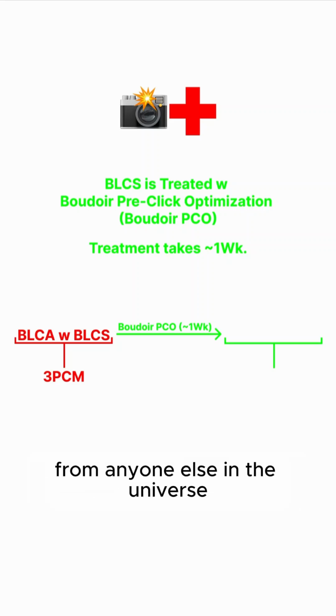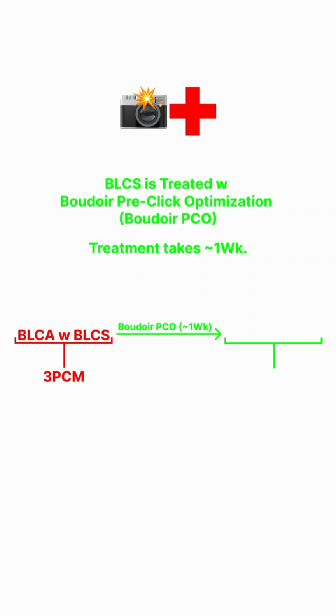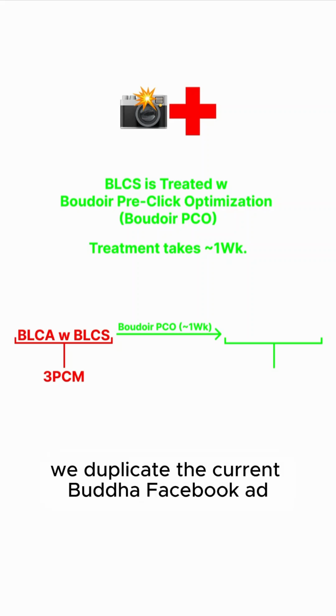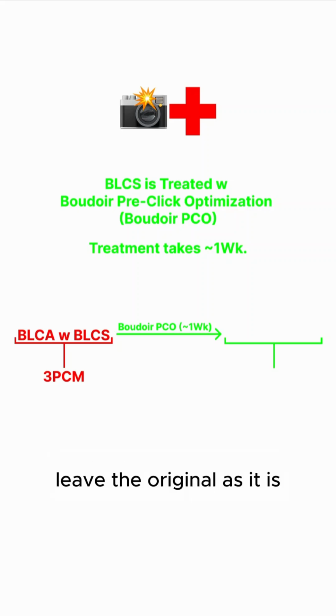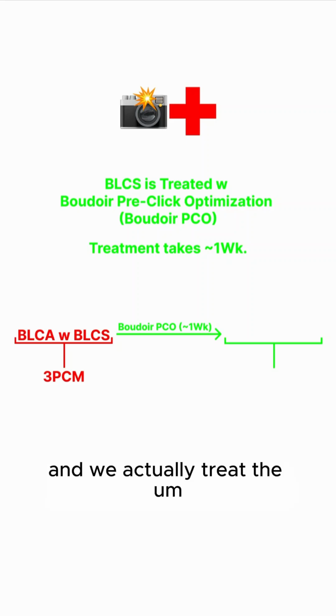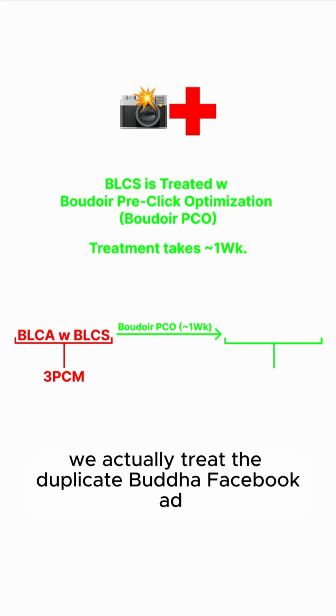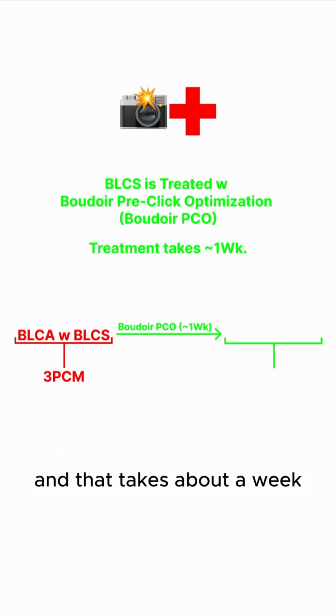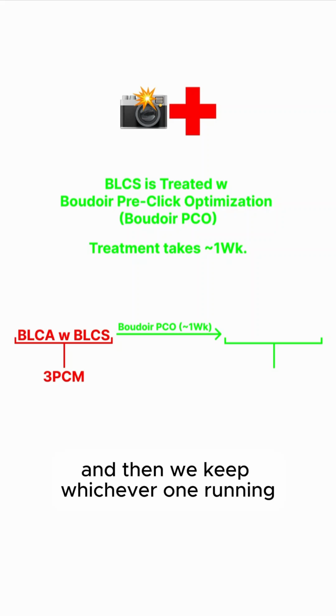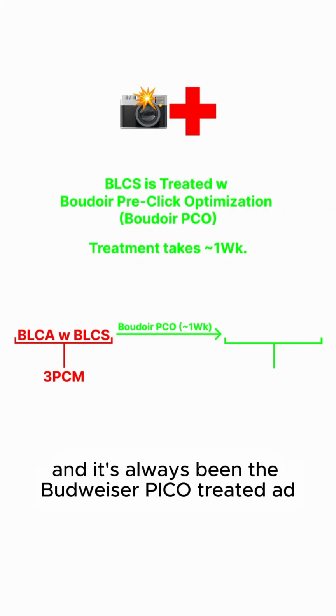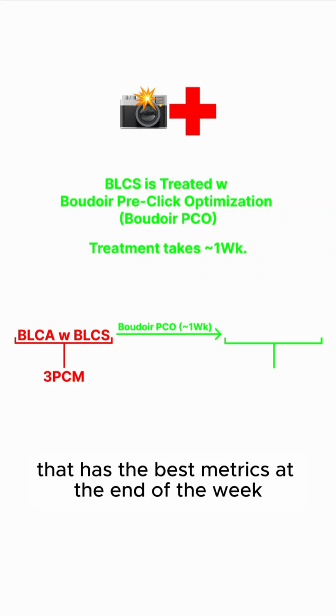Can't get this anywhere else from anyone else in the universe. And what we do is we duplicate the current Boudoir Facebook ad, leave the original as it is, and we treat the duplicated Boudoir Facebook ad, and that takes about a week, and then we keep running whichever one has the best metrics. And it's always been the Boudoir Pico treated ad that has the best metrics at the end of a week.